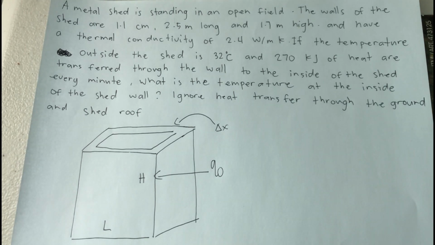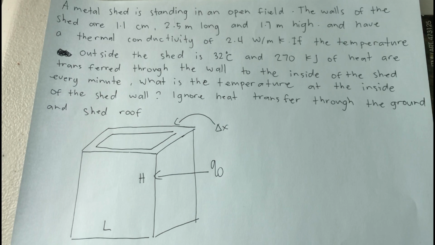So the heat transfer is going this way. That means, from the perspective of the inside of the object we're looking at, we have a positive Q because heat is going into the shed. So we know Q is positive, and that the shed is heating up.